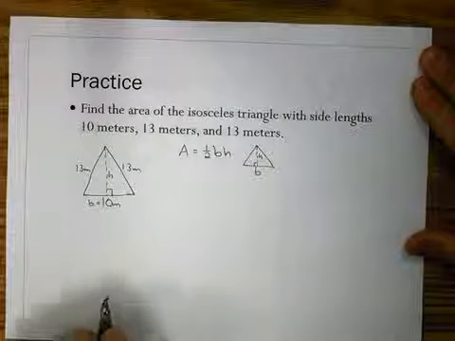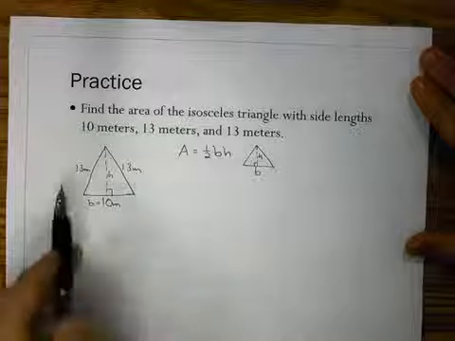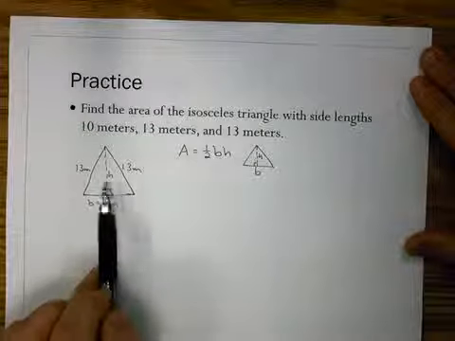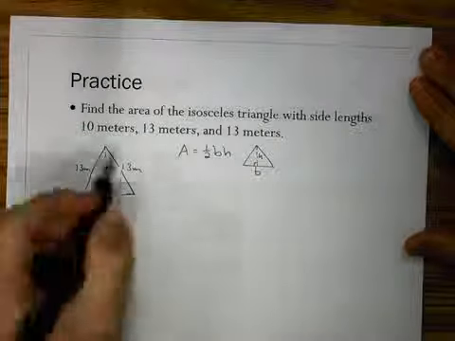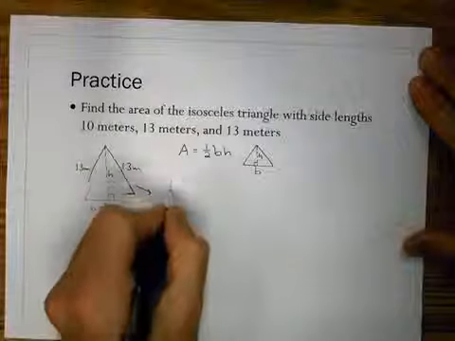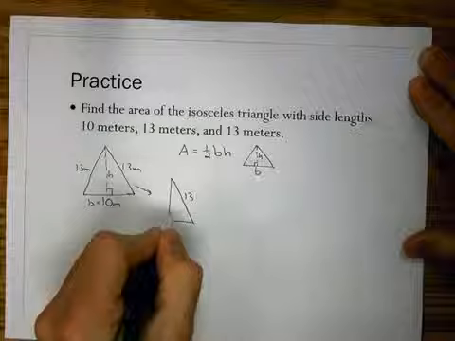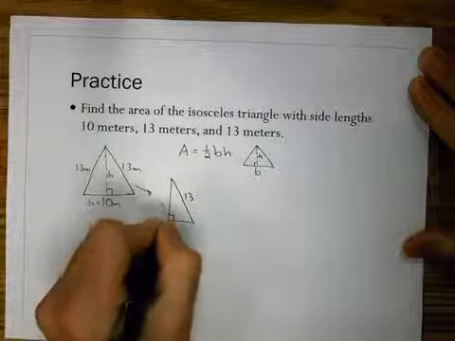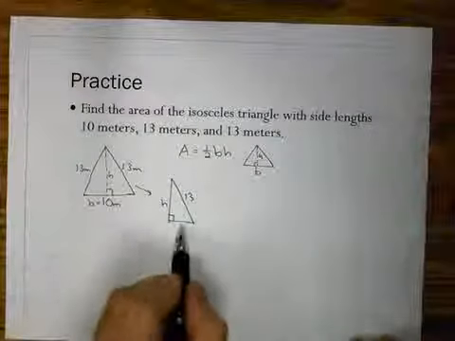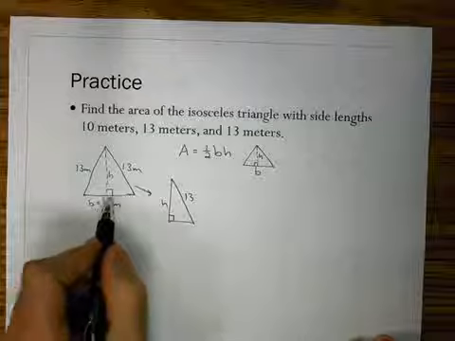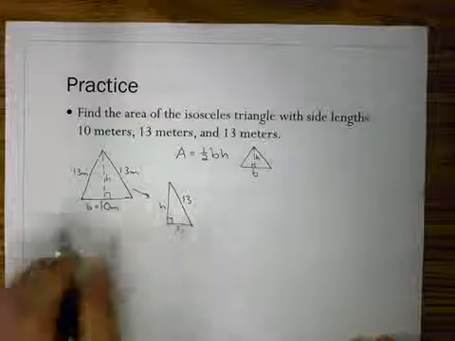Well, if we notice in this isosceles triangle, we can actually cut it down the middle, and that gives us 2 equal parts. So let's redraw that half of it as 13 here. This is height, which I'm going to solve for. And this value is going to be half of that base, so 5.